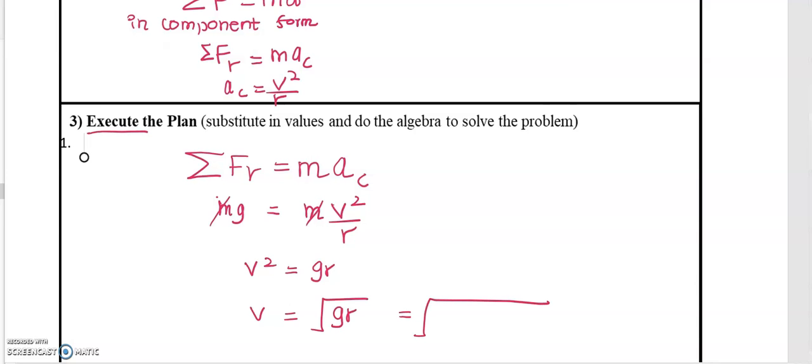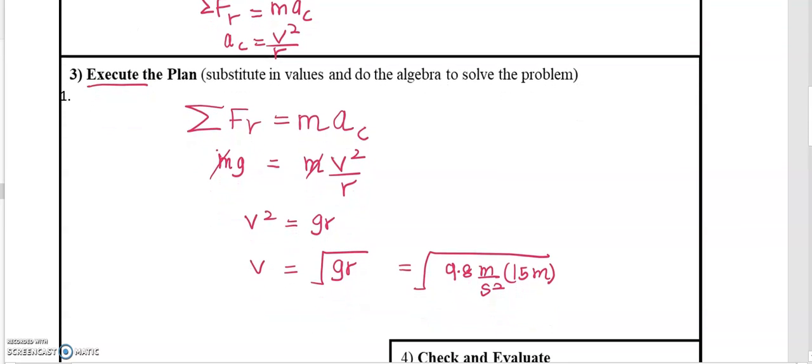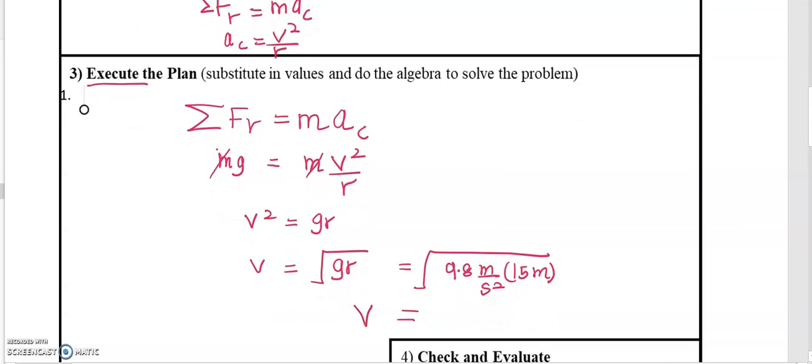and you take the square root of that. g is 9.8 meters per second squared times radius 15 meters. And you can see you have meter squared divided by second squared inside the square root, and when you take the square root of that, you get meters per second for the unit of speed as we expected, and 12.1 meters per second.